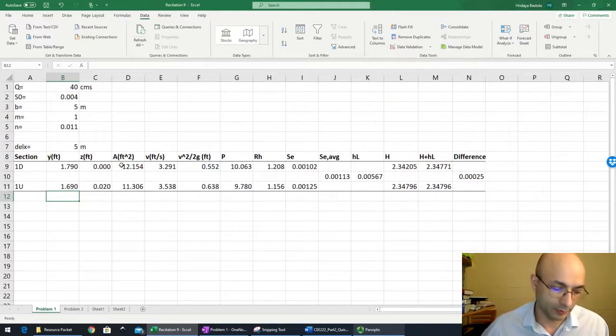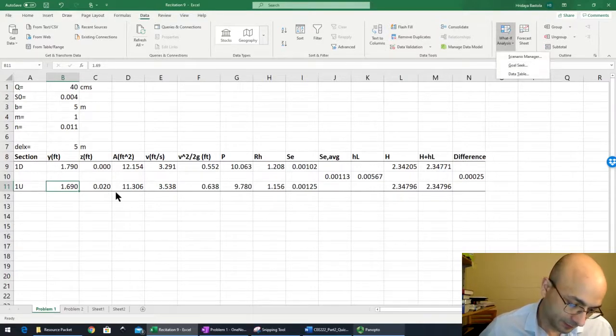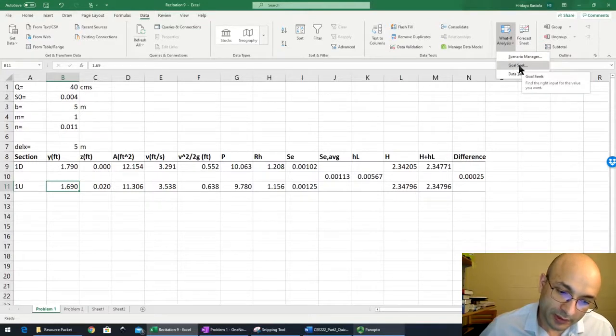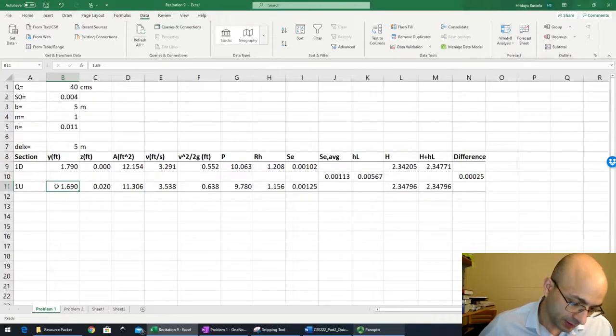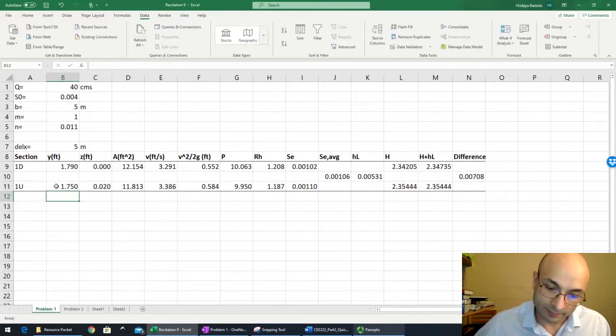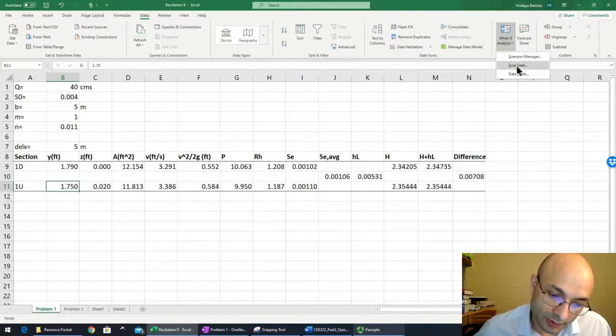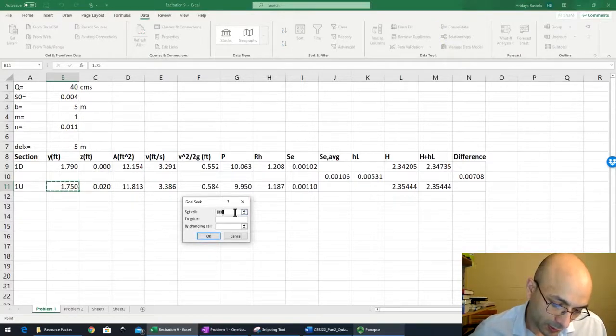The other way you could do this is using goal seek. If you go to Data, What-If Analysis, you can find the goal seek option here, and let me start with the initial value of 1.75. The way goal seek works is, I'm interested in setting the value for this equal to 0.